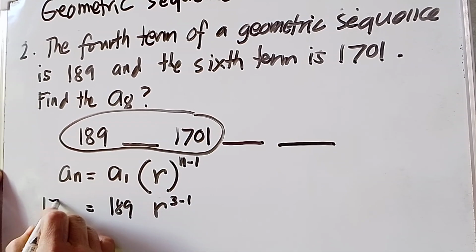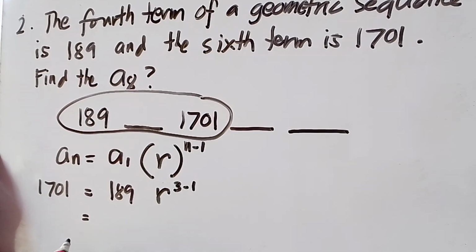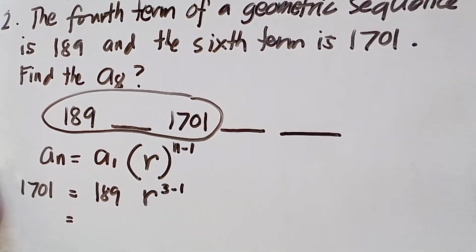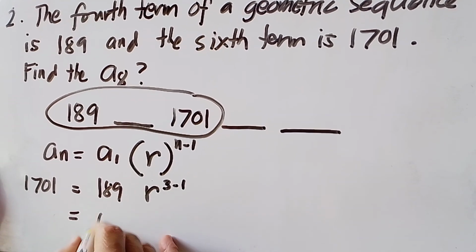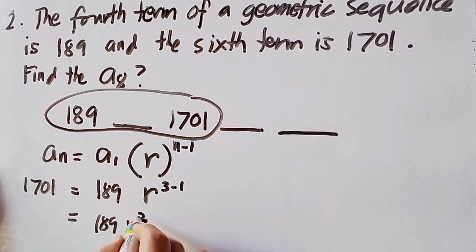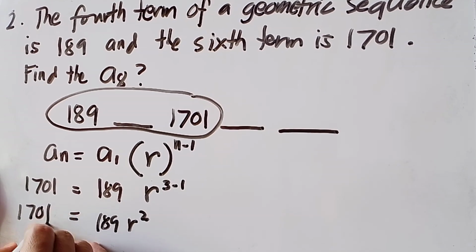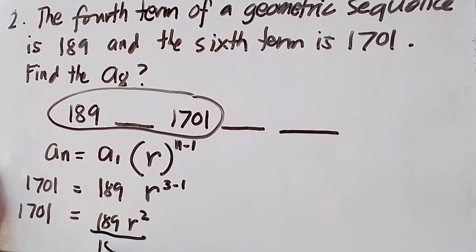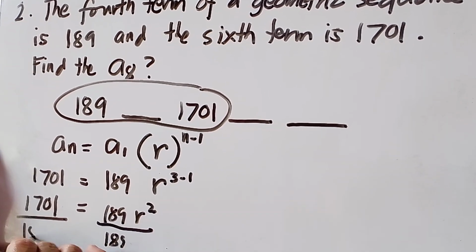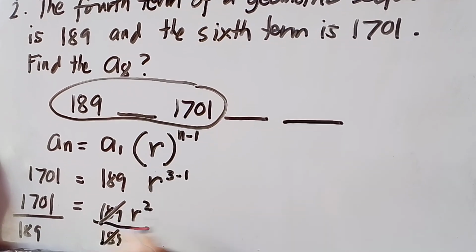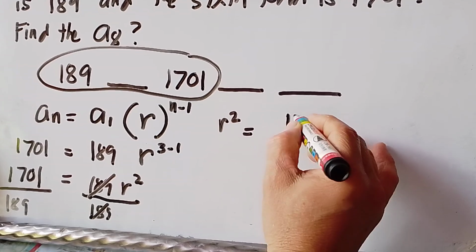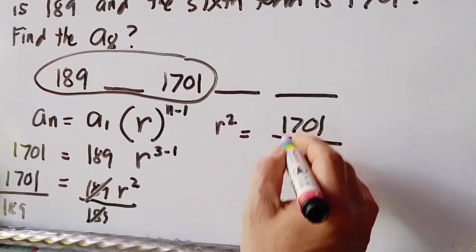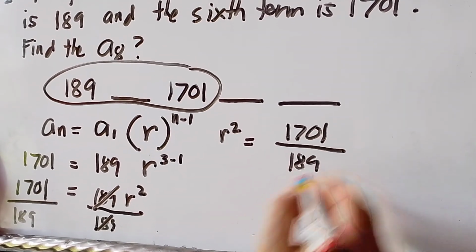This is 1,701, and then I need to divide by 189 so that I can solve. This is 189 r squared, and then 1,701. So I need to divide by 189 on both sides. So r squared is equal to 1,701 divided by 189.